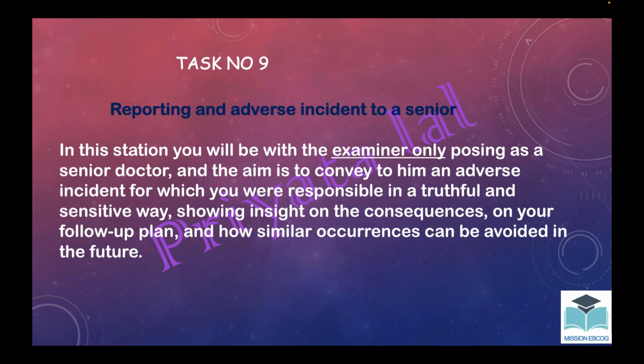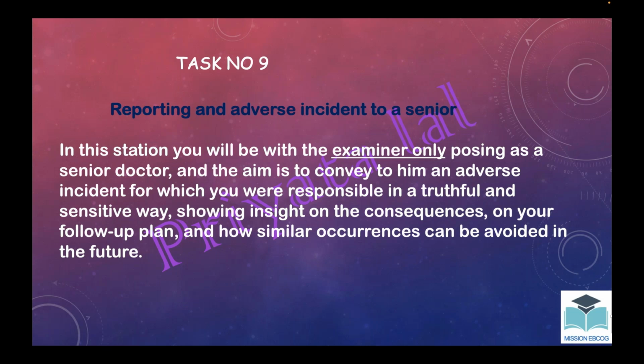Again, time will not be an issue. Examples for task number 9 could be never event, serious incident reporting, wrong medication, exchange of results, any post-op complication, and complication due to mistreatment. So anything could be there.